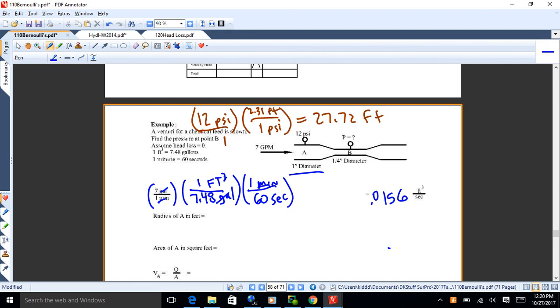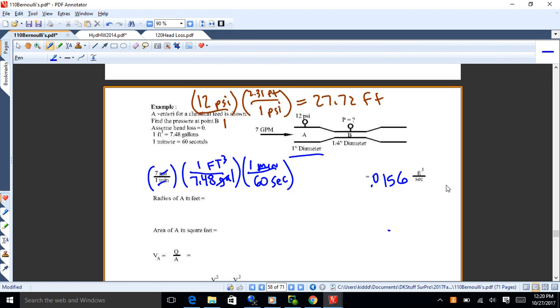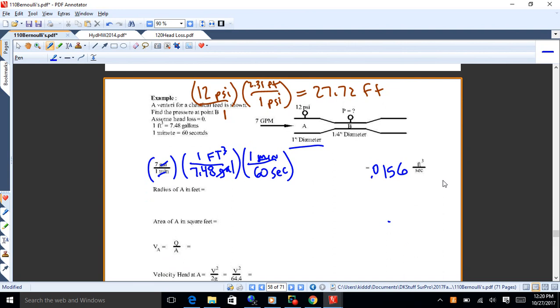Once you've got the radius there, 0.0417, you can calculate the area, pi r squared. The radius is 1/2 inch, a foot is 12 inches, so that's whatever the heck it is, 0.0417.